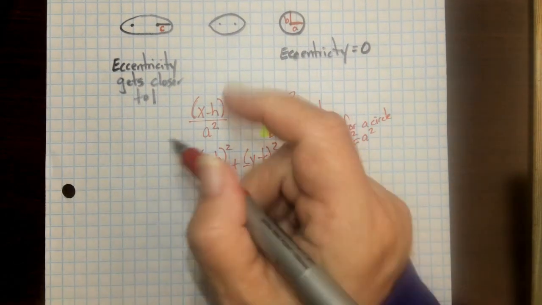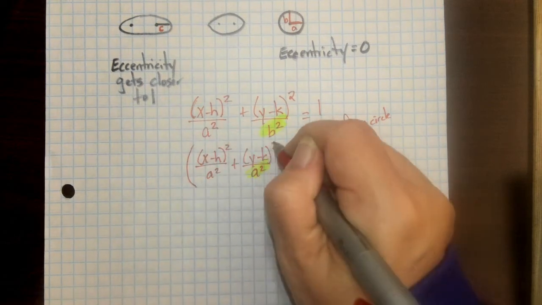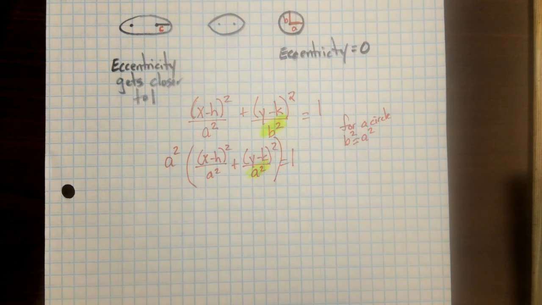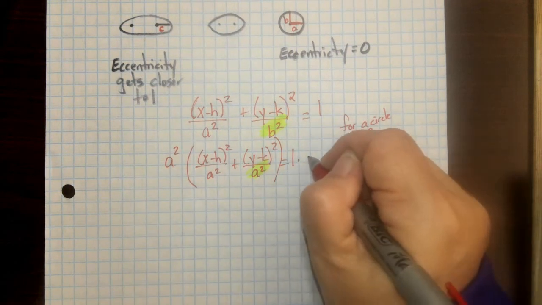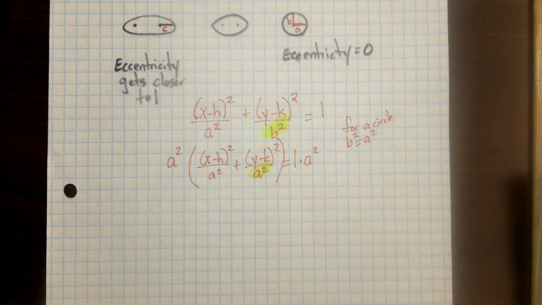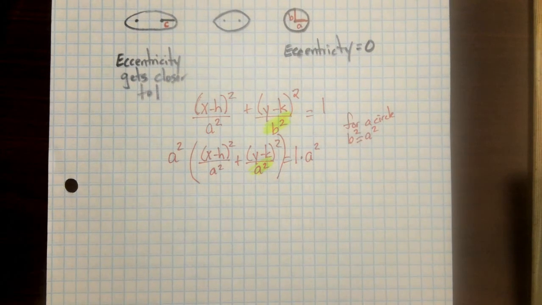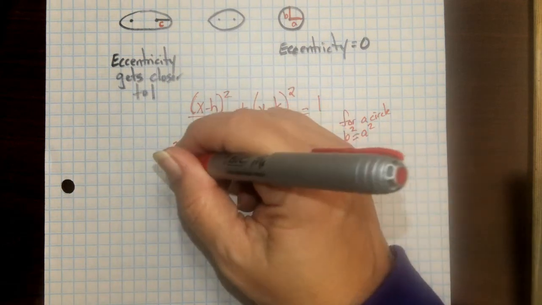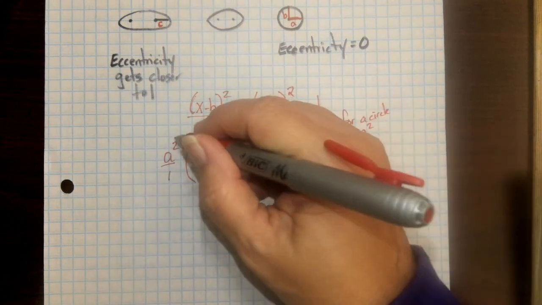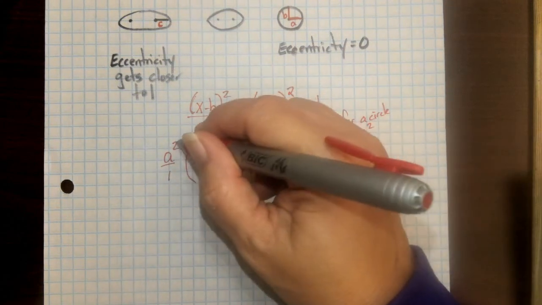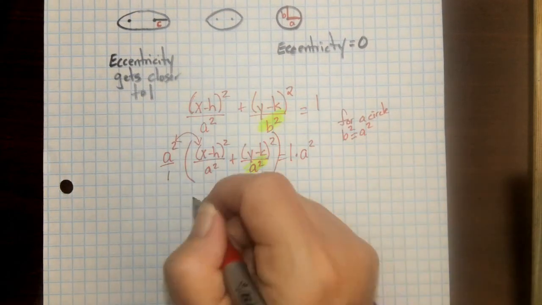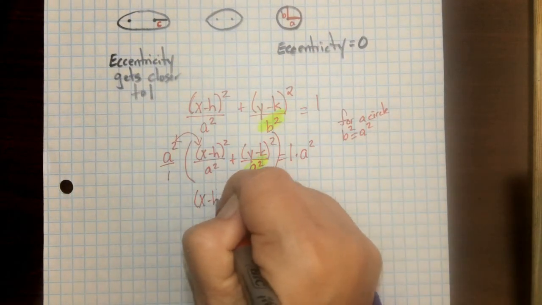Well, at that point, I can take this entire side of the equation and multiply it by a squared. And then I'll multiply the other side of the equation times a squared. Now watch what I'm doing mathematically here. I'm distributing. So this is a squared over 1. If I multiply a squared over 1 times this fraction, my a squareds divide out, and I have x minus h squared.